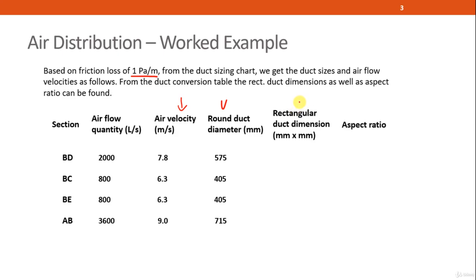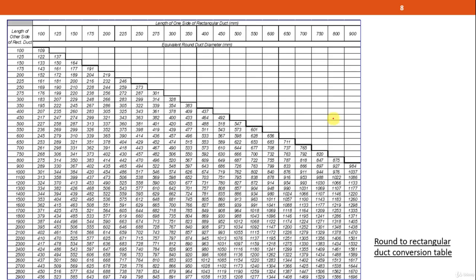Next, we will use the conversion table to get the respective rectangular duct dimensions. The three round duct diameters that we need to look at are 405, 575, and 715. First, for 405, we will select a duct, maybe this one, at 409. If you are going to select this particular rectangular duct, it will be 400 times 350.